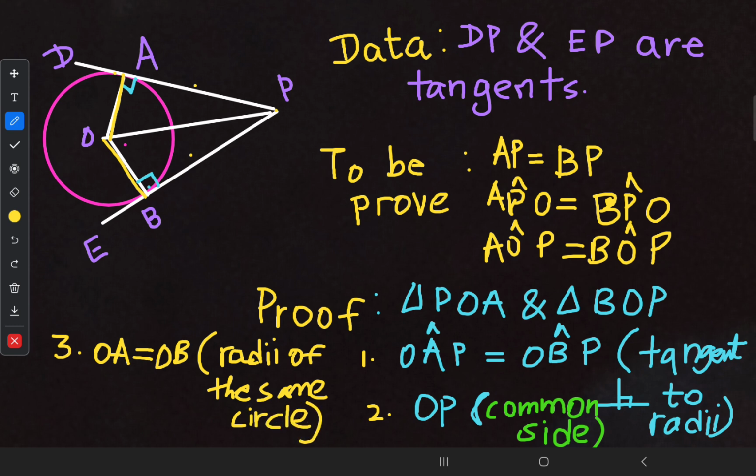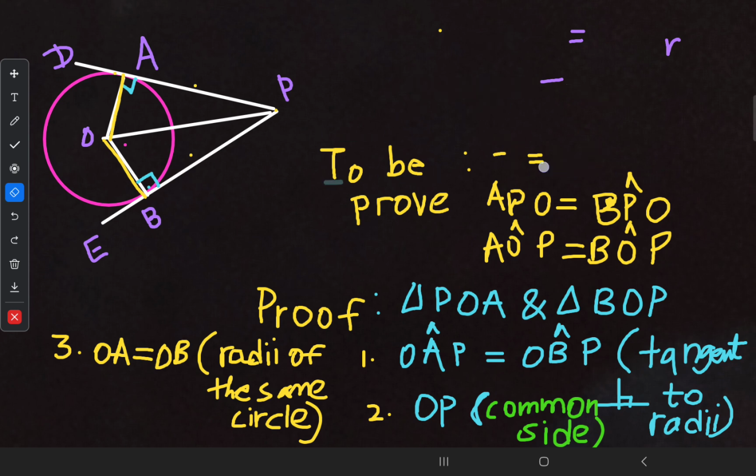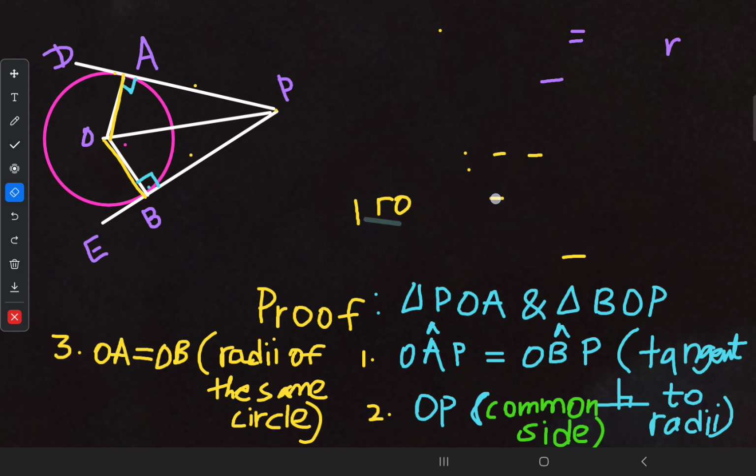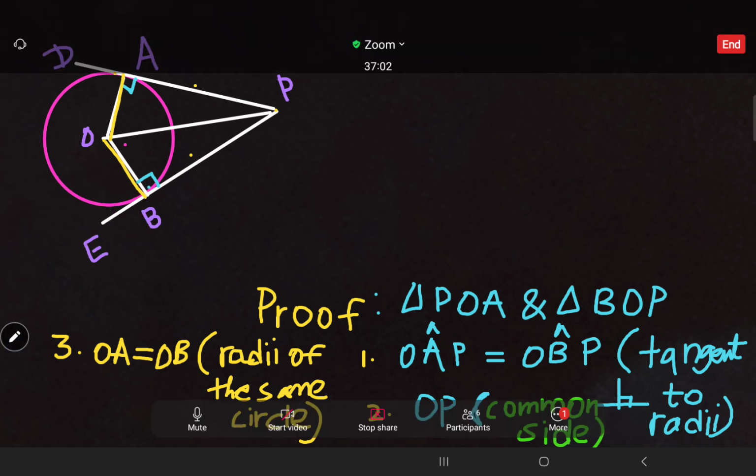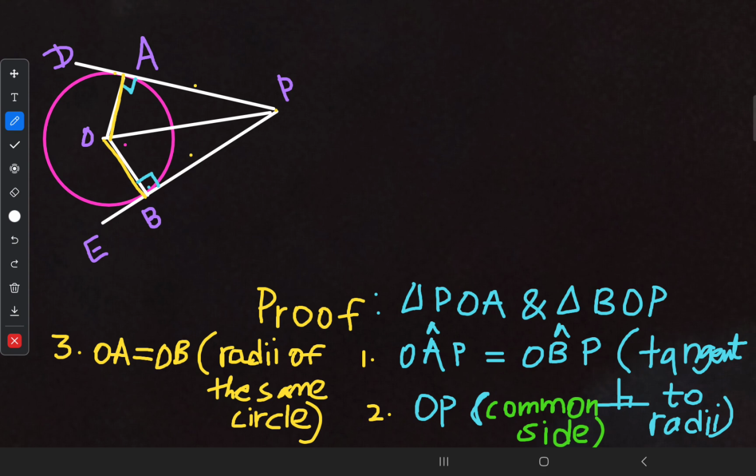This derivation is all about showing these two triangles are congruent with each other. What I did first was indicate the data and the to-be-proved. Then in triangle POA and triangle BOP, OAP equals OBP.